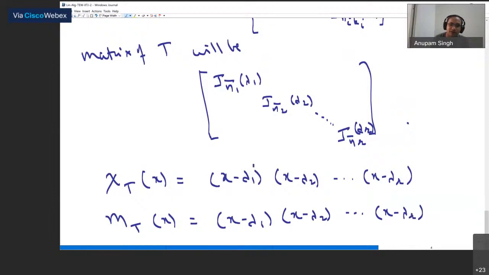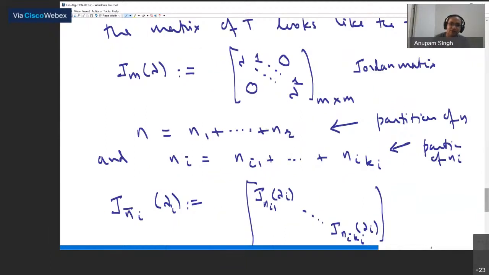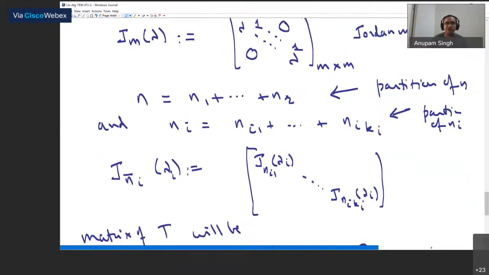So the power in the characteristic polynomial here will be exactly n1, this will be exactly n2, and this will be exactly nr. So that is the first partition of n. If you actually calculate the characteristic polynomial and then factorize it, then you will get these n1, n2, nr first. All right, and then after you get each one of these, you will get a further partition of each one of them.